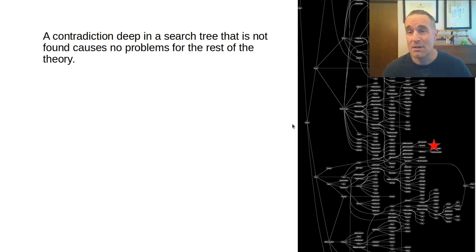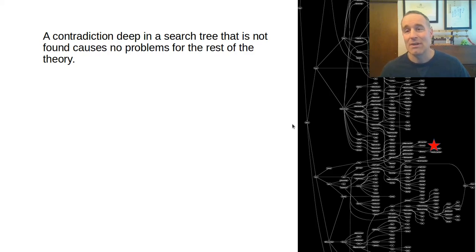It's never needed to try them. And if you have a contradiction deep in this tree somewhere, it may never get found, and it may never bother you as you go happily about doing searches and proofs in the remainder of the theory and getting useful results. So although in theory a contradiction is devastating, in practice some contradictions don't actually cause problems.